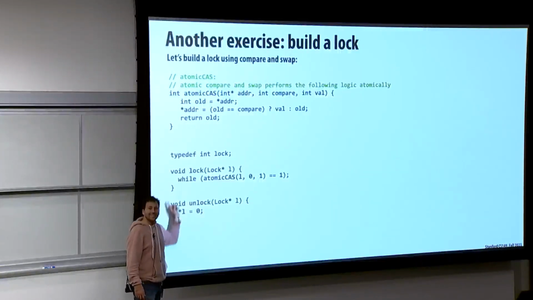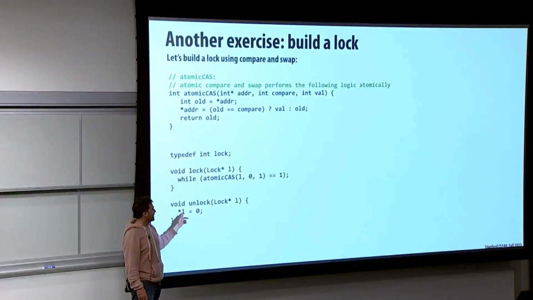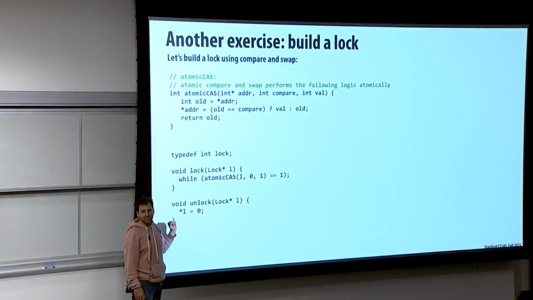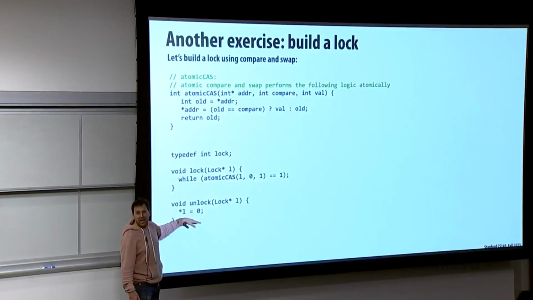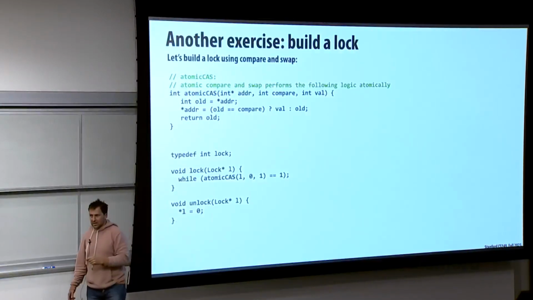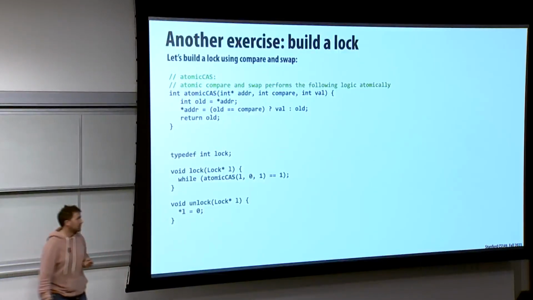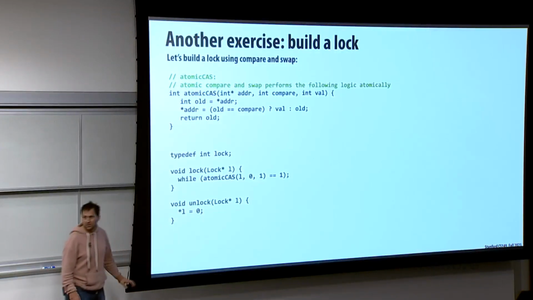So I'm writing these implementations assuming we have a sequentially consistent memory system. A real implementation of lock on a relaxed memory system would actually have a memory fence here to make sure that everything that came after that lock or before that lock, for example, was not reordered with respect to other processors. So I do want to point that out.